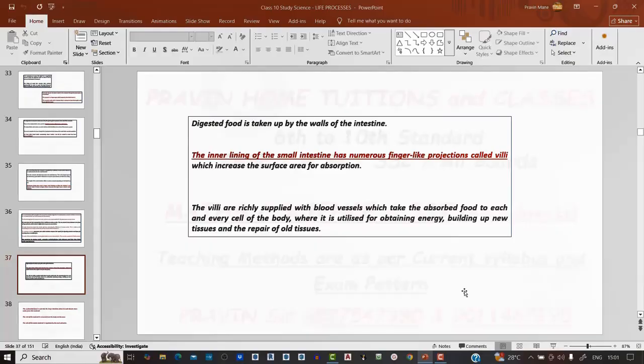Villi transport the food or energy to every cell of the body, where building up of new tissues or repair of old tissues takes place.